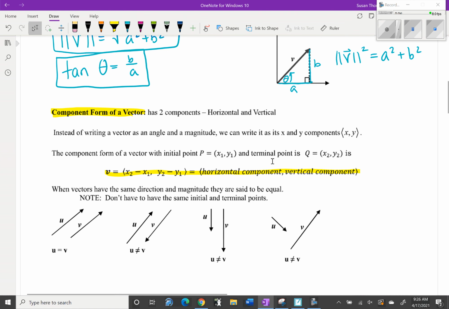So the component form with the initial point P being x1, y1 and terminal point Q, x2, y2 is going to be equal to the horizontal component comma the vertical component. So if you are given two points that are not in standard position, so not at the origin, then we would just subtract the horizontal components comma the vertical components to write the component form.